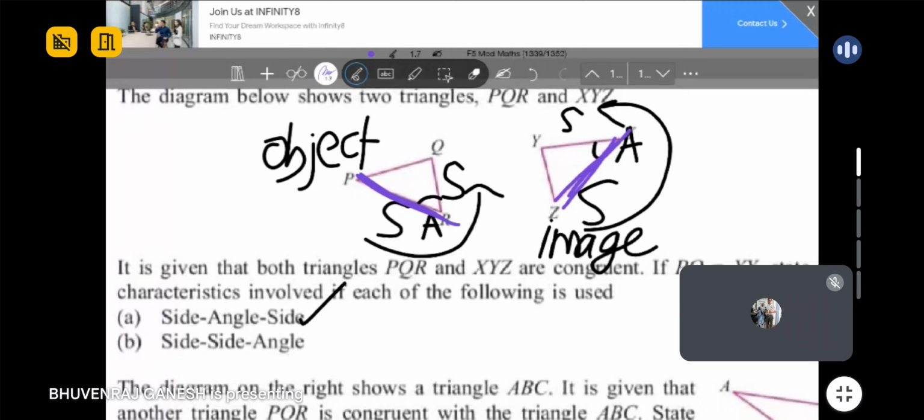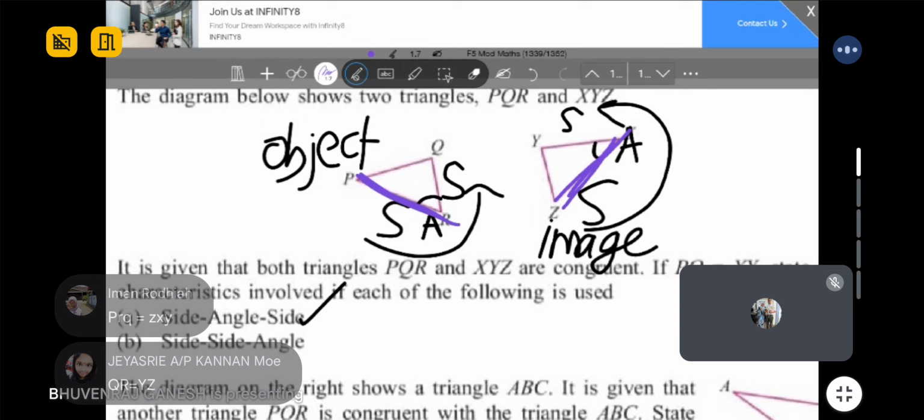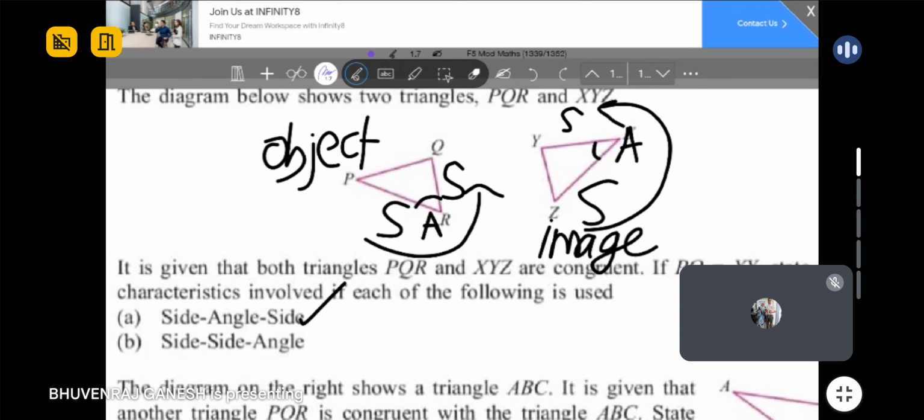Lagi, what other things are equal? Apa lagi yang kamu boleh nampak sama dalam wajah ni? PRQ equal to ZXY. Okay, PRQ equal to ZXY. Okay. Kamu punya jawapan kan, dia tak sama sebenarnya. Okay, mengapa tak sama?